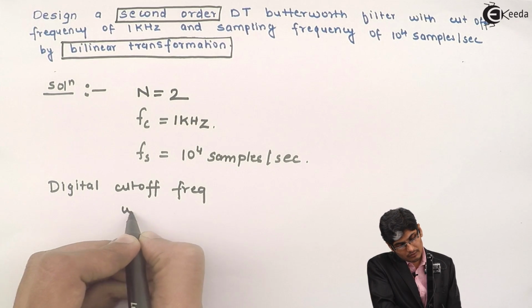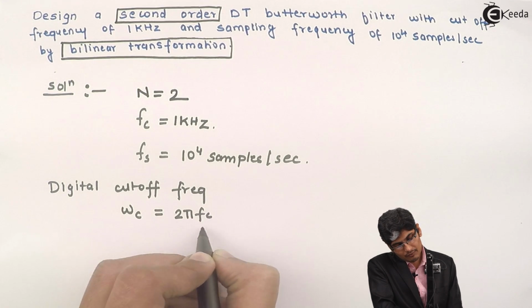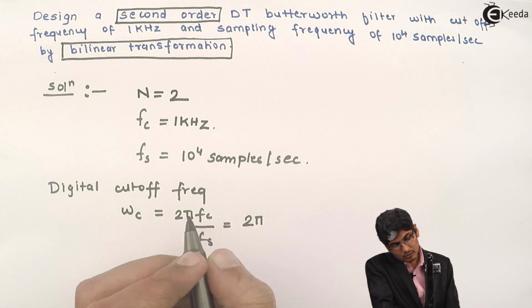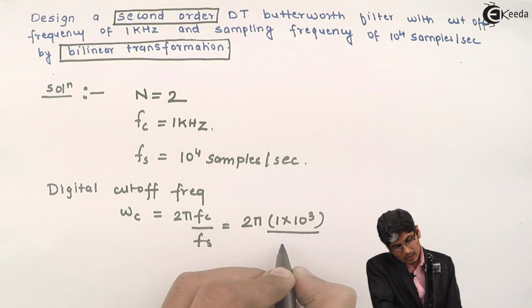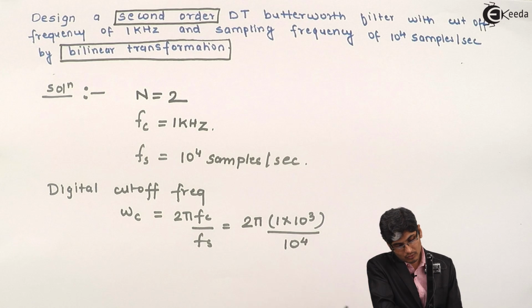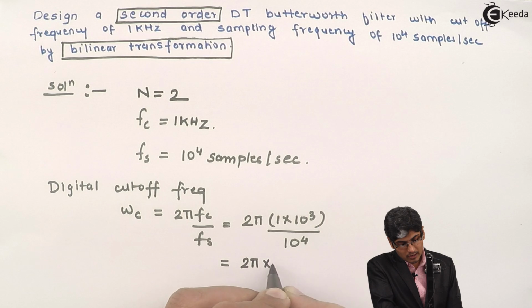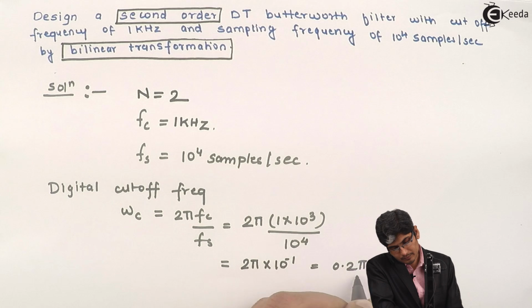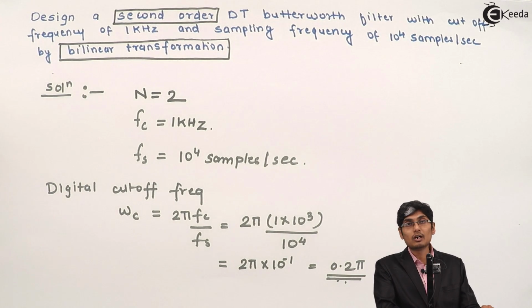The digital cutoff frequency is written as omega c, which is equal to 2 pi fc by fs, which is nothing but 2 pi into fc, which is 1 into 10 raised to 3, and fs is 10 raised to 4. So that will give me 2 pi into 10 raised to minus 1, or you can write it as 0.2 pi. So this is my omega c, which is 0.2 pi radians.